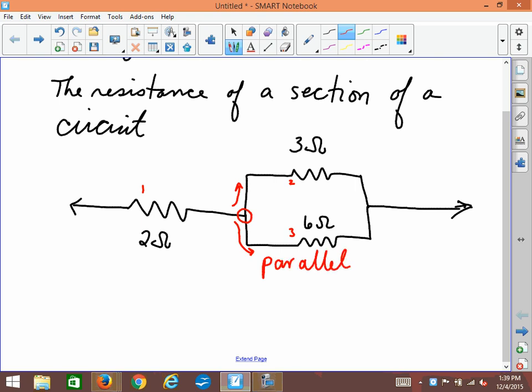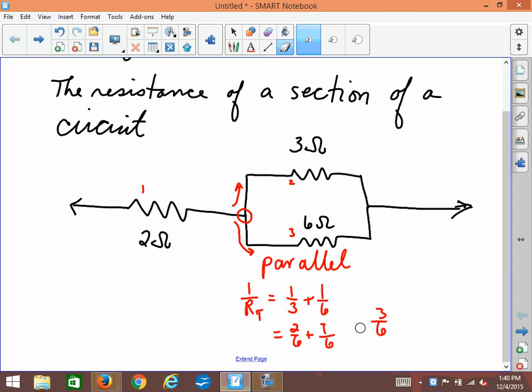So what I'm going to do is use Kirchhoff's laws for resistance in parallel. 1 over 3 plus 1 over 6. Right? Now, this is an easy one to do in your head because that's the same as 2 over 6 plus 1 over 6, right? And that equals 3 over 6. Let me write this so you don't get confused.